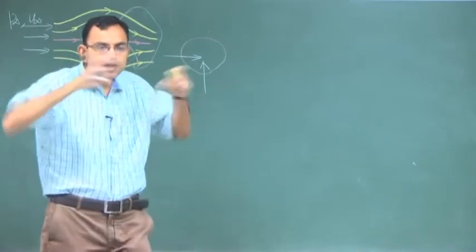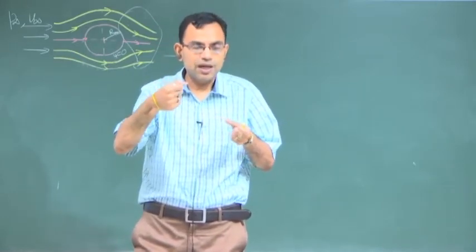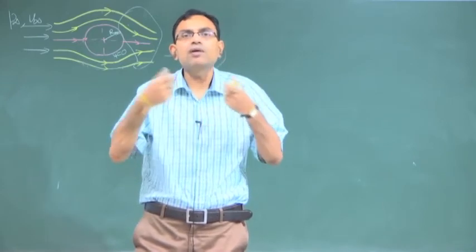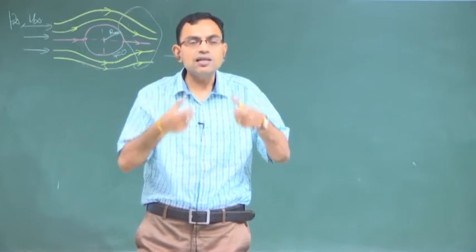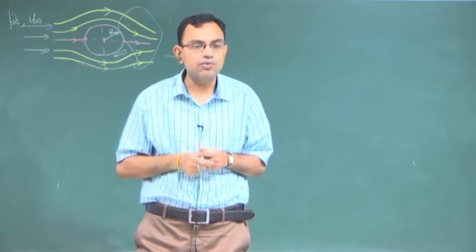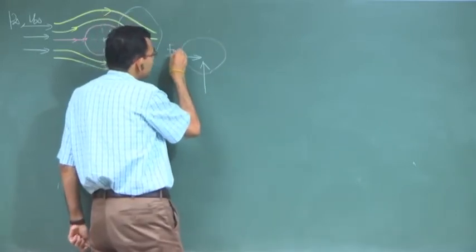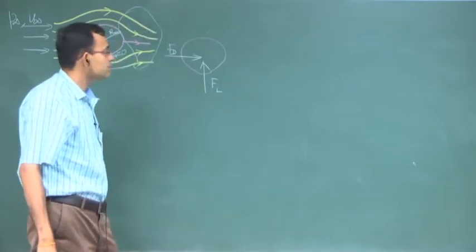If it is a 3-dimensional flow, you can also have a lateral thrust component. These components are very important because all the aerodynamic situations, that is how aircraft fly, depend on significant control over the lift and the drag force, and also the lateral side force. So, this is called the drag force and this is called the lift force.